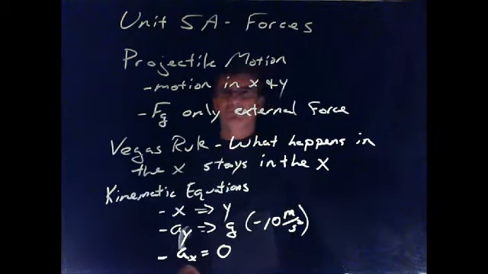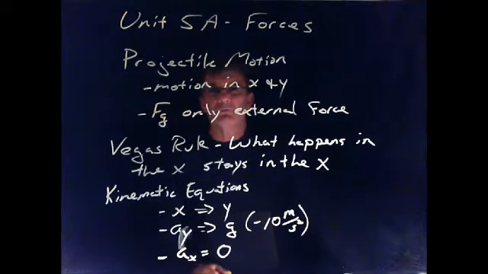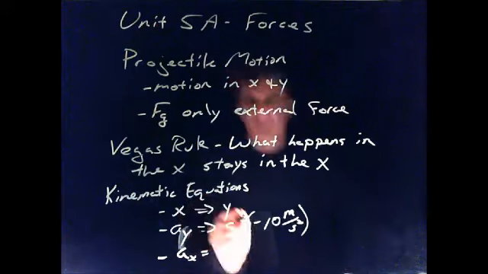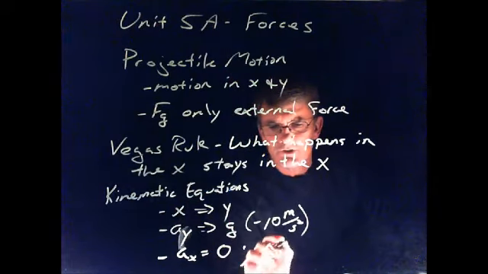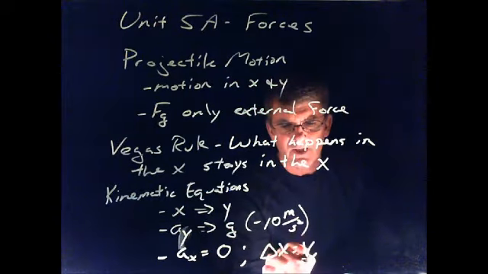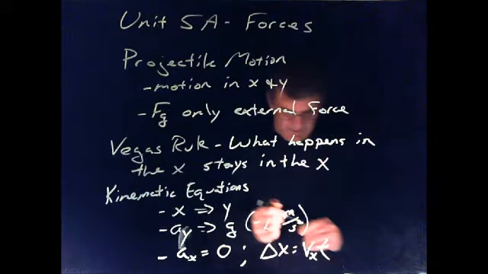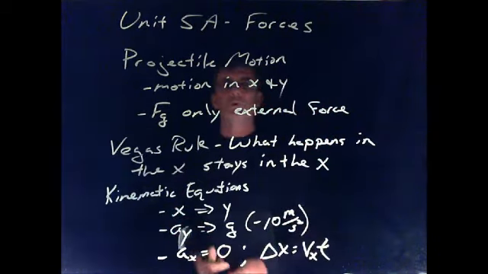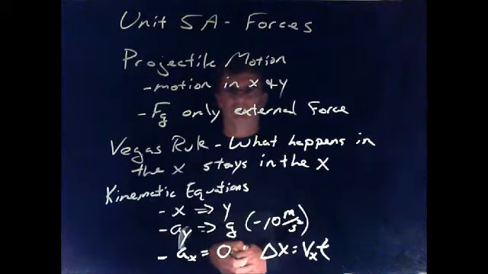That greatly simplifies our calculation, which means the velocity in the x is a constant. Change in x is the velocity in the x times time. This is the only calculation in the x direction we do with projectile motion.